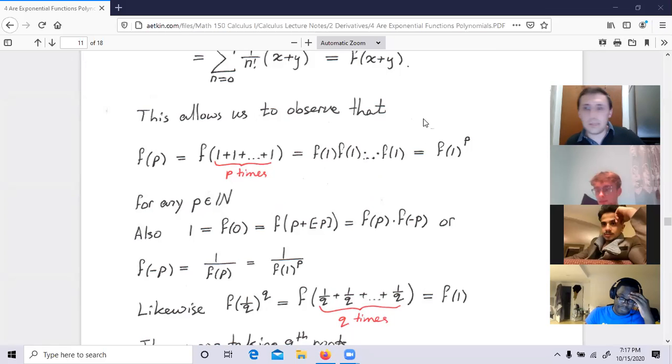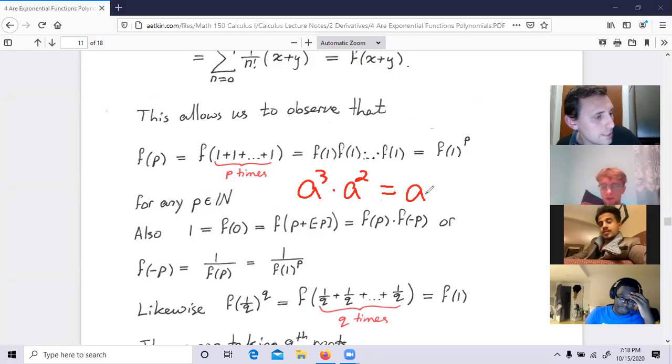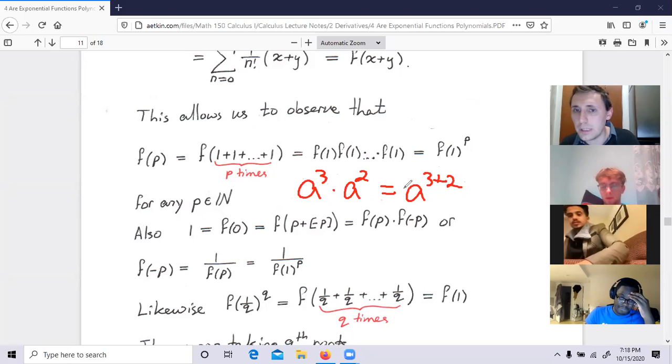What is the exponential property, guys? Exponential functions have this property: you have a to the power of 3 multiplied by a to the power of 2, which is a to the 3 plus 2. This is obvious because this just means multiply a by itself 5 times. Do you follow what I'm saying, guys? If the power of a number is an integer, that's just multiplication.